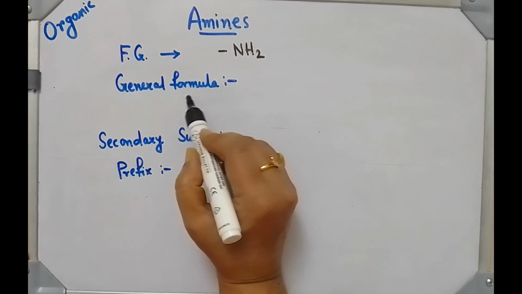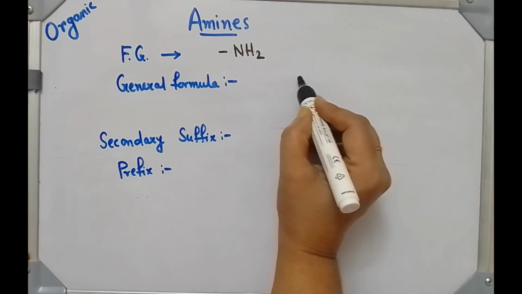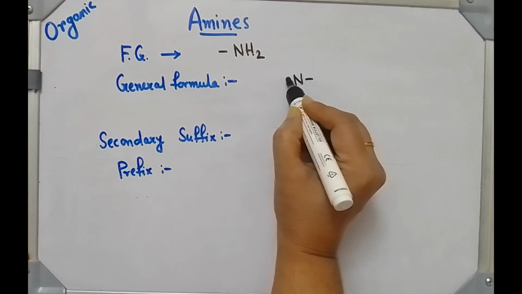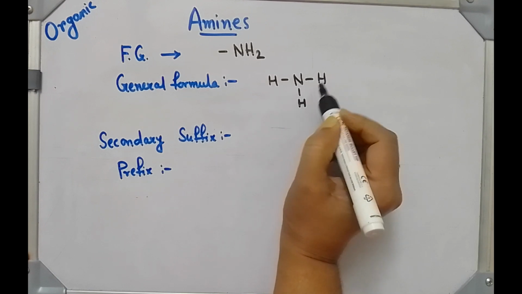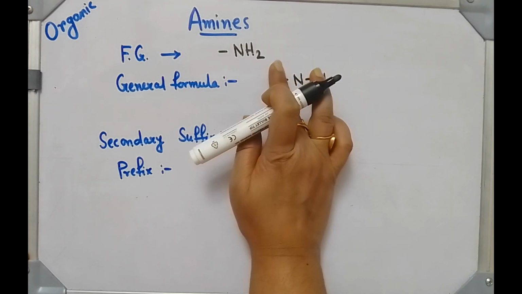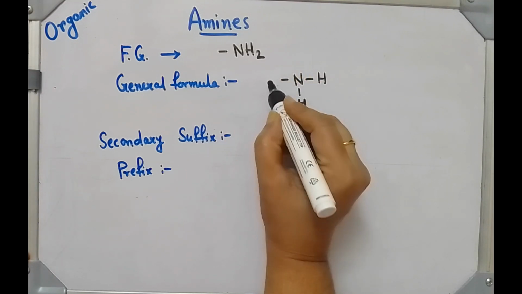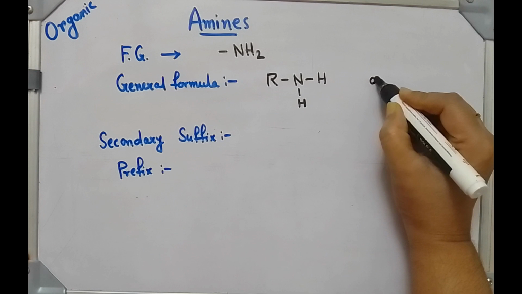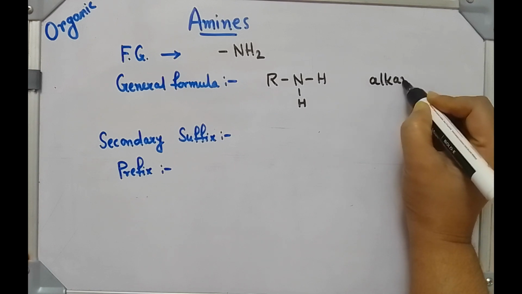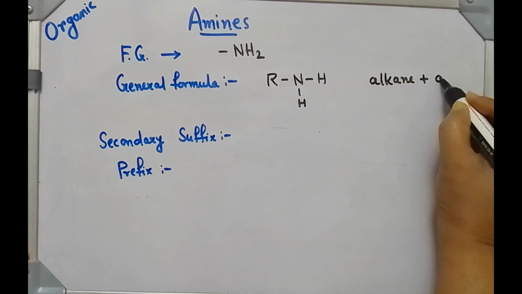Now see, general formula. Consider the structure of ammonia, NH3. If in ammonia a hydrogen atom is replaced by R, meaning an alkyl group, it is called alkane plus amine.